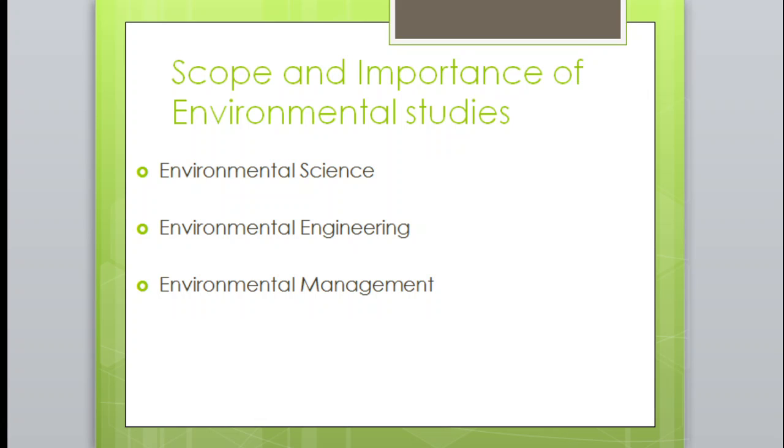Environmental science means the study which deals with land, air, water, and also the living organisms and their interrelationships. So, in environmental science we study about living and non-living organisms and their interrelationship, etc.